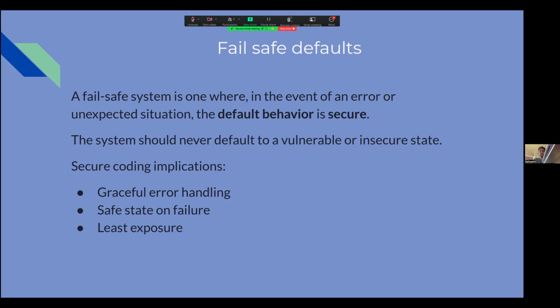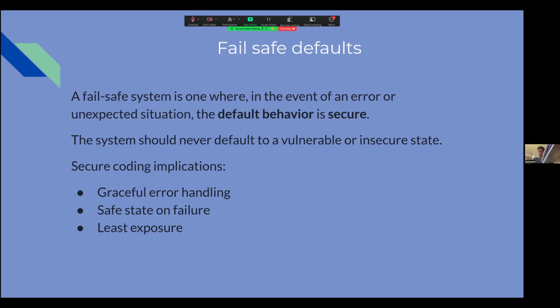I think we spoke about error handling quite a bit in the earlier slide. So when you're handling some error, or if you're handling a specific input, make sure you are handling it gracefully and do not reveal any information. Please keep in mind that I'm not specifically talking about a particular feature.